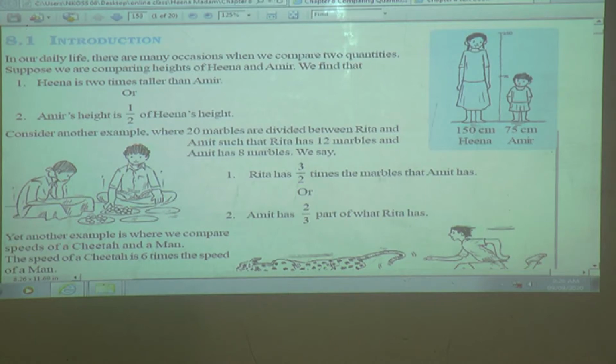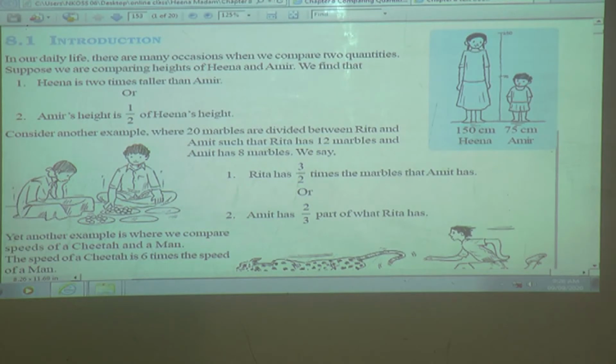Rita has 12 marbles, so Amit has 2/3 part of 12. So here we are comparing the quantities. We had compared the height, and we had compared the marbles.